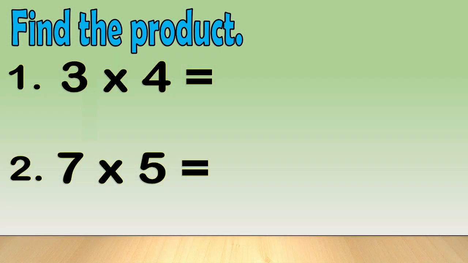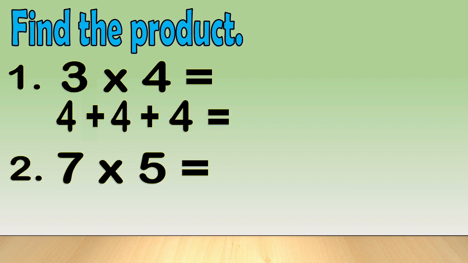Let's answer this. Find the product. Number 1, 3 times 4. That means we need to make 3 groups of 4. That is 4 plus 4 plus 4 equals 12. So 3 times 4 equals 12.